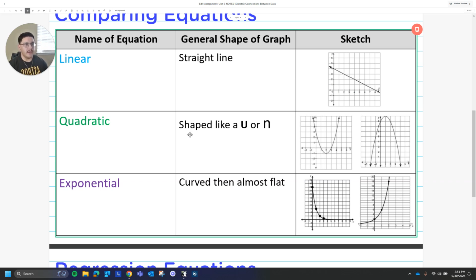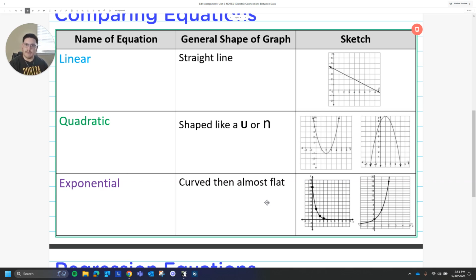Quadratic, which is a U-shaped graph. Either it's shaped like a U or shaped like an N, U being the positive orientation and the N being the negative orientation. And we're going to add the exponential equation, which is a curved then almost flat line.